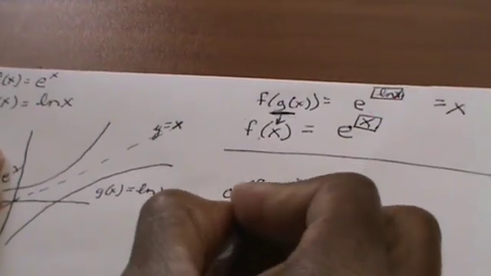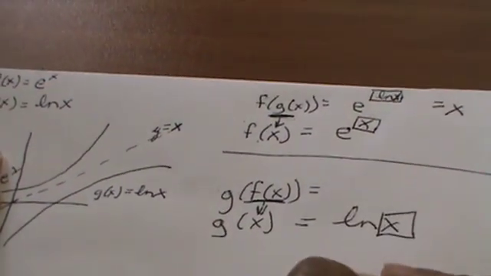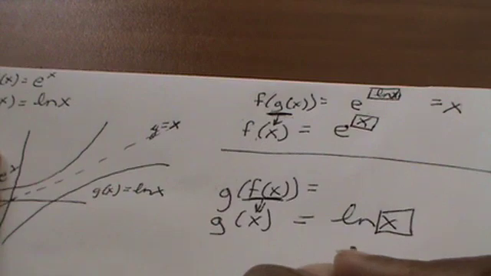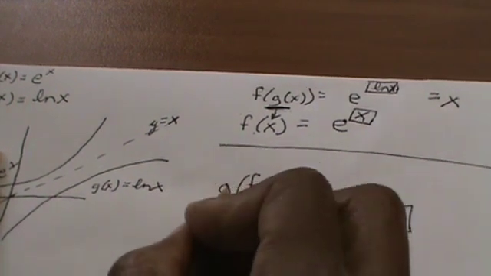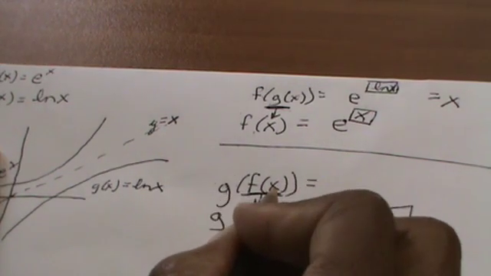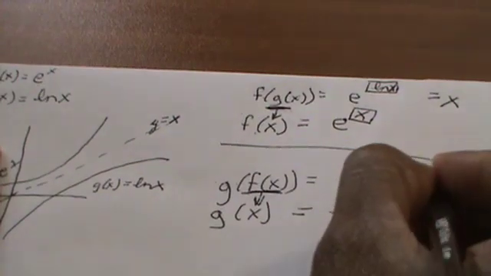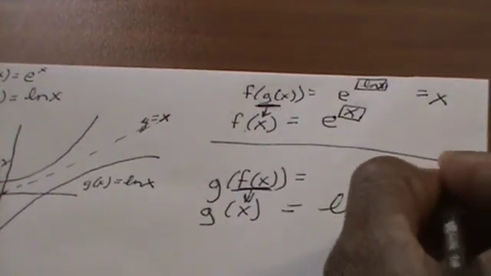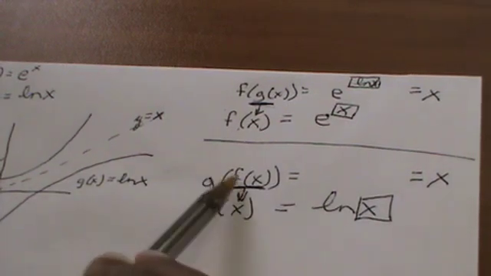Your f of x should be able to force out the x position, so it should go right there. We have to be careful because these are composite functions. When g acts on f, acting on x, these two should unravel each other, and you should end up with just your variable x, like that.